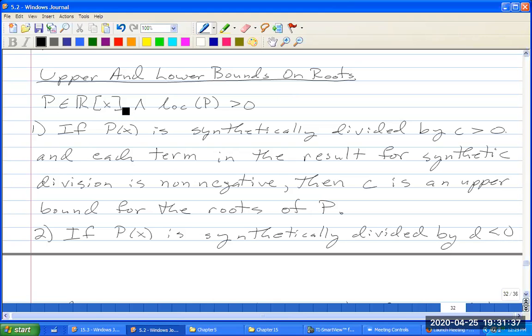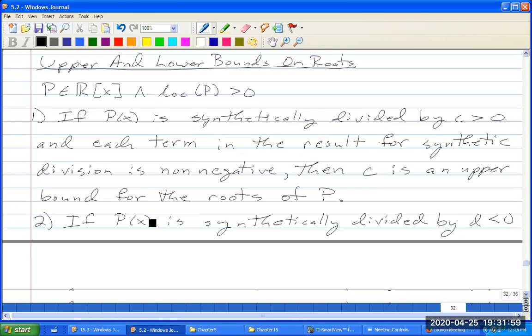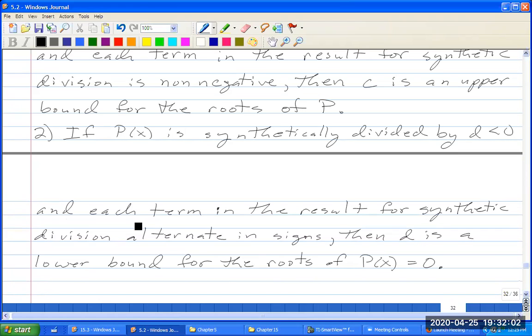If P of X is synthetically divided by some C greater than 0, and each term in the result of synthetic division is non-negative, then C is an upper bound for the roots of the polynomial P. If P is synthetically divided by D less than 0, and each term in the result of synthetic division alternates in sign, where you can arbitrarily give a sign to a 0 coefficient, then D is a lower bound for the roots of P of X equaling 0.